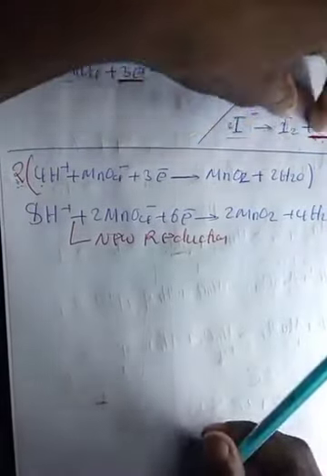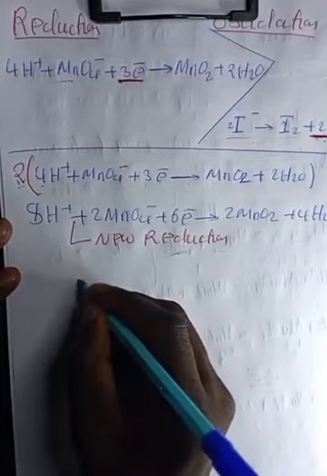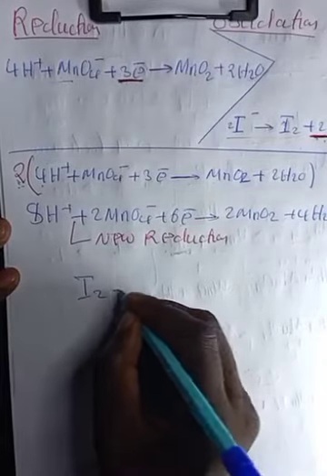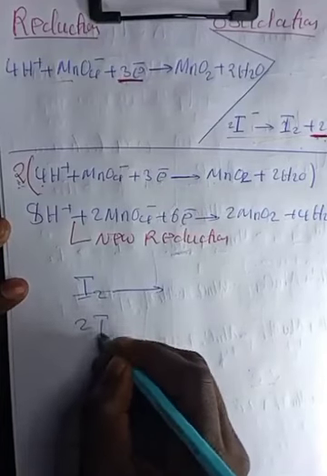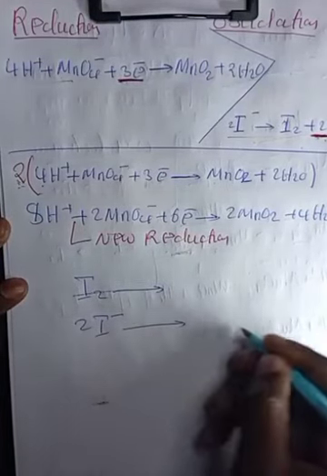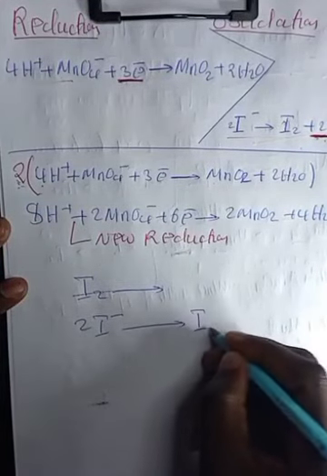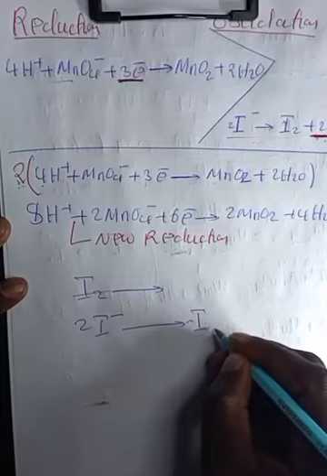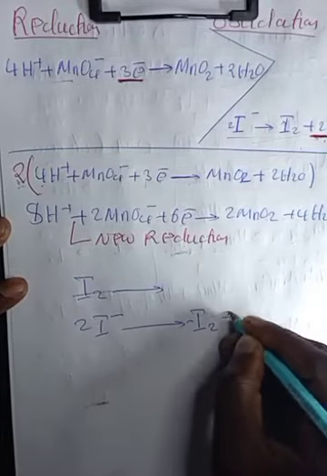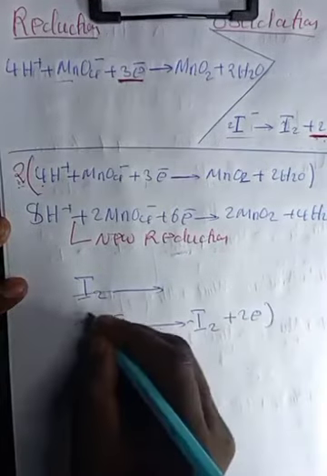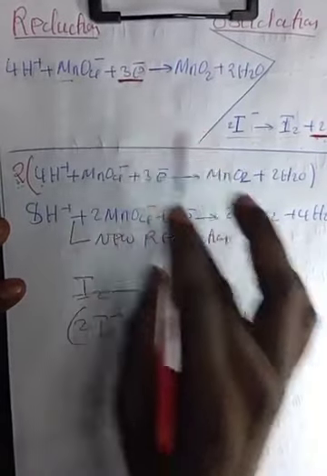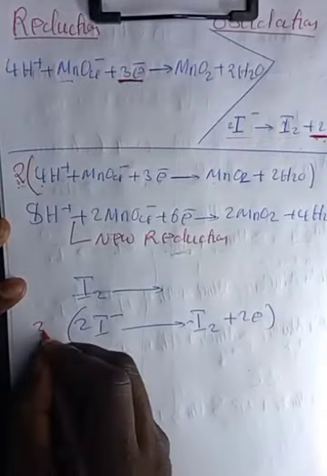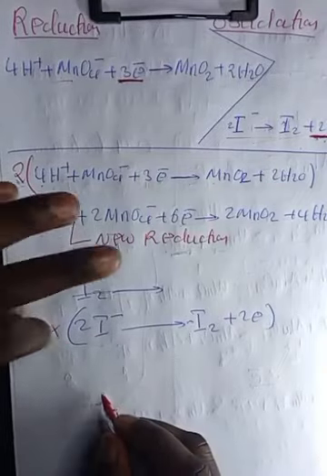Okay, now we come to this one here, where we are getting 2I- giving I2. The number of electrons, which was 3, should multiply this whole thing. So this was multiplied by 3. What is 3 multiplied by that?